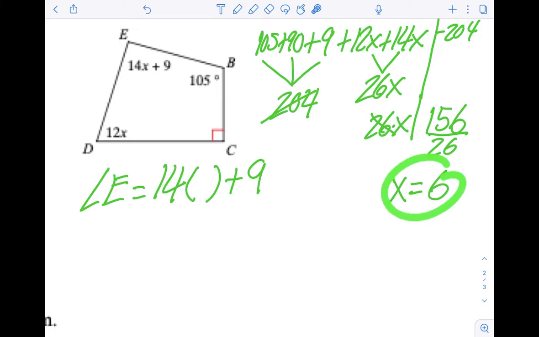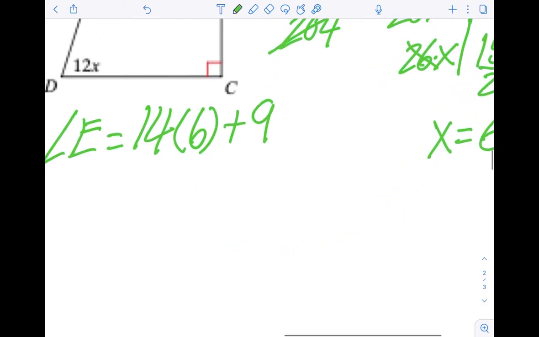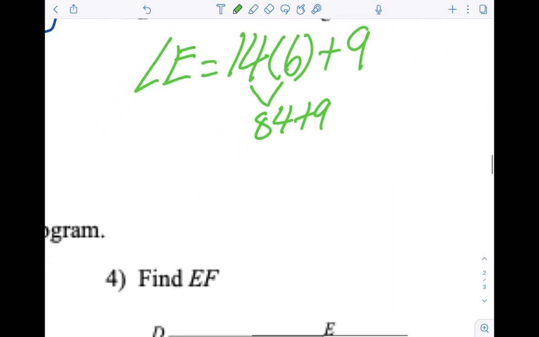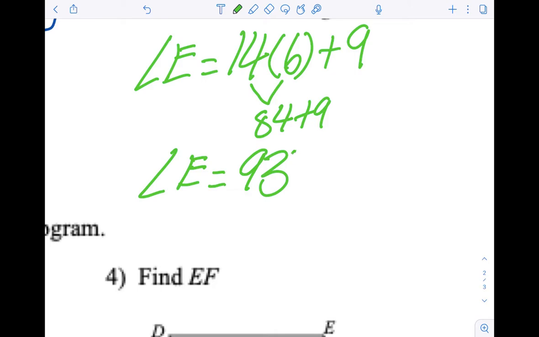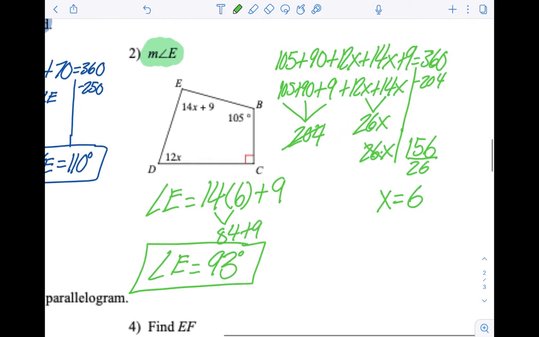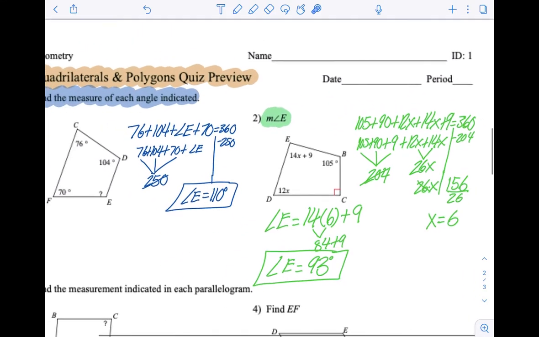Because I know what x is, x is 6, and 6 is going to go right in there. 6 times 14 is 84, plus 9. That means angle E is equal to 93 degrees. And there you go, that is our number 2. Again, the key is knowing that all the angles add up to 360 degrees.